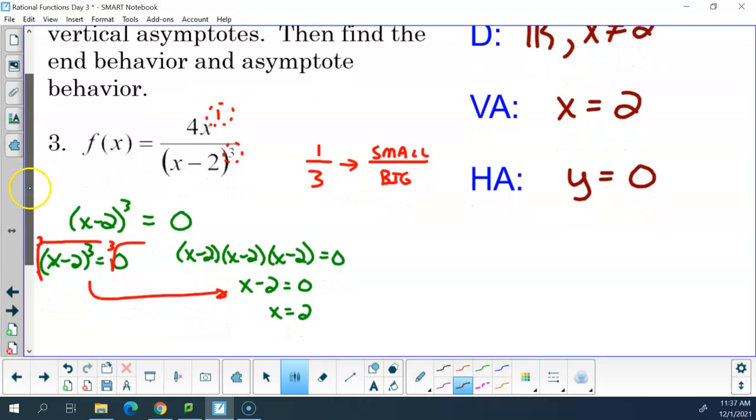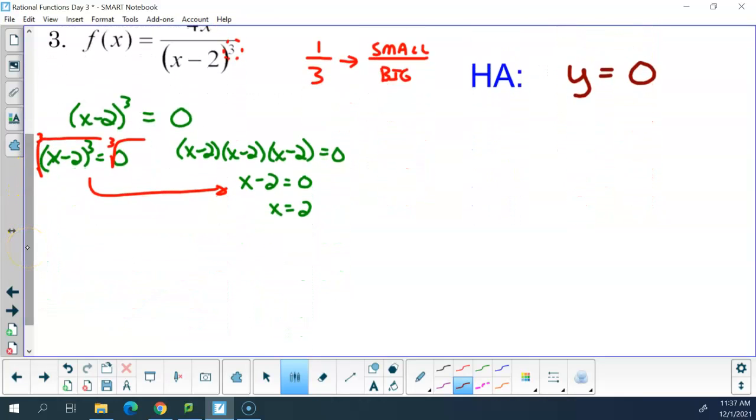So, let's take that now and let's think about this. We've got a vertical asymptote at x equals 2. We've got a horizontal asymptote at y equals 0. Right? Okay. We need asymptote behavior and we need end behavior.